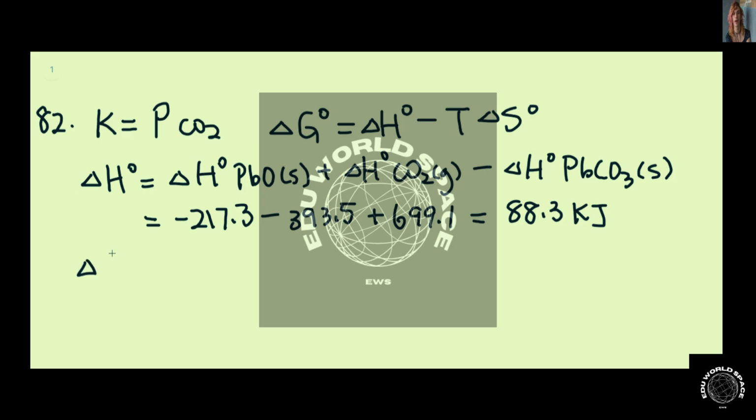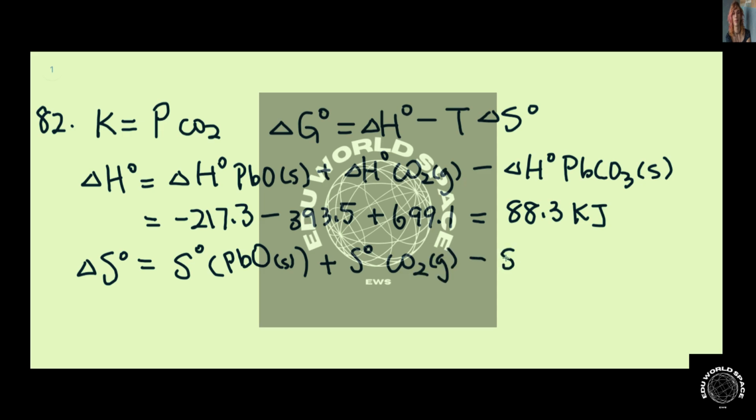And for delta S0, that is equal to the S0 of PbO solid plus S0 of CO2 gas minus S0 of PbCO3 solid.